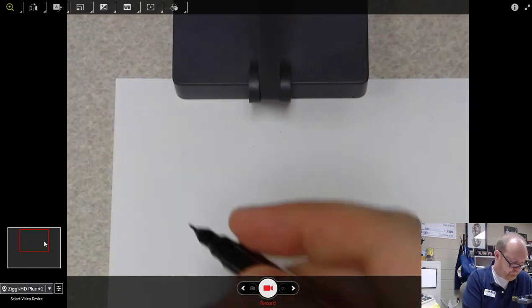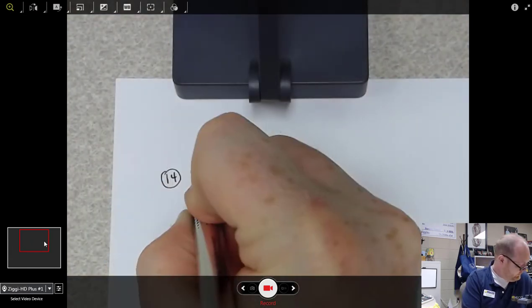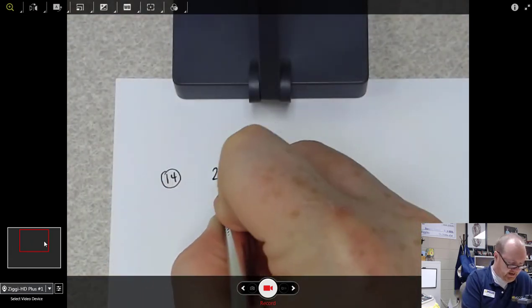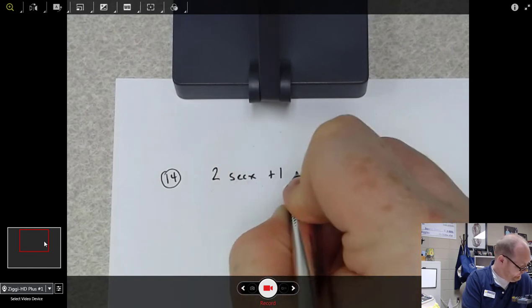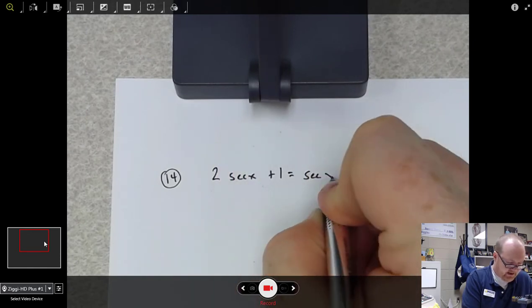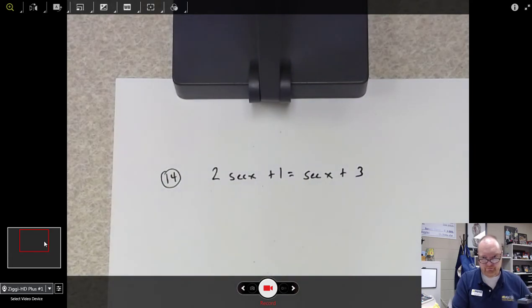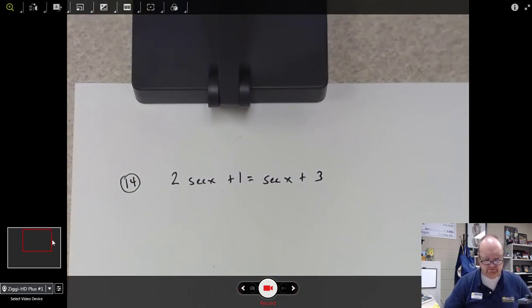All right, so let's go back and think about some from your textbook. Number 14 on page 254. Says 2 secant x plus 1 equal to secant x plus 3. So again, I need to isolate the secant. So all of the rules still apply.